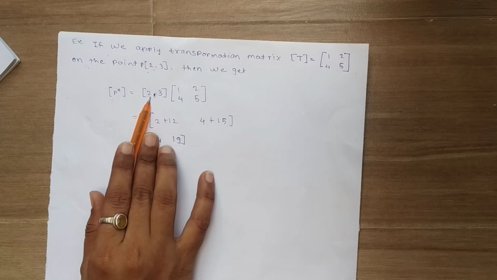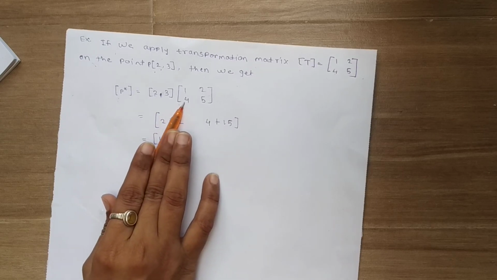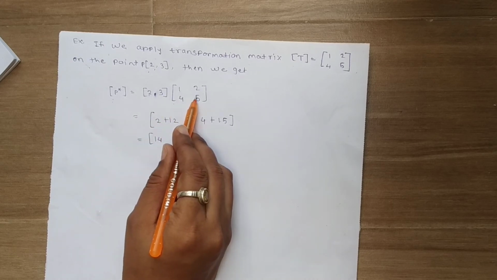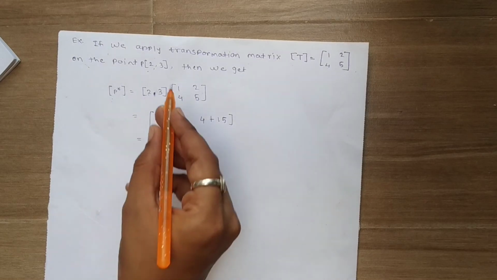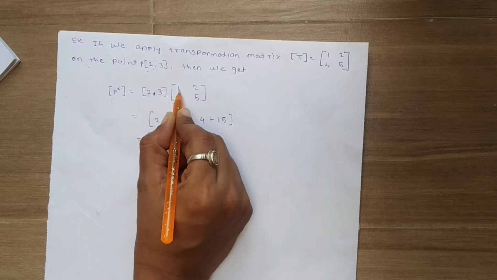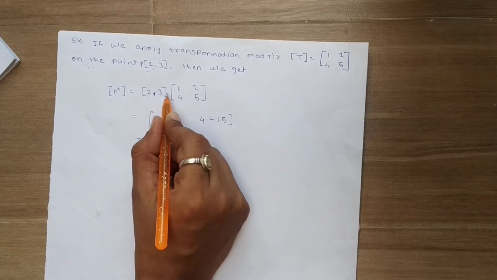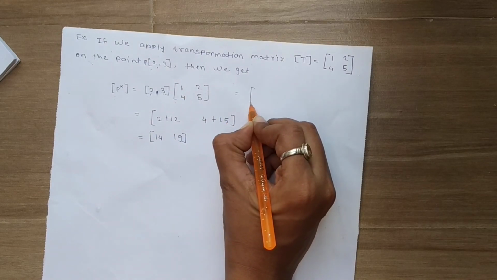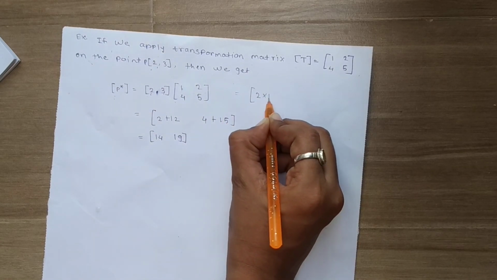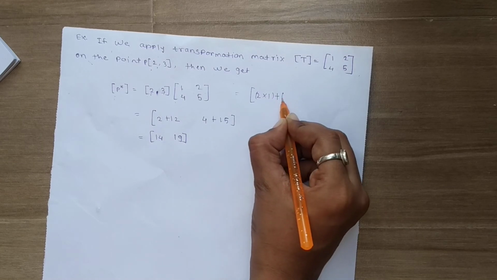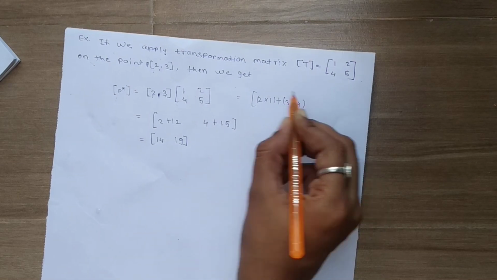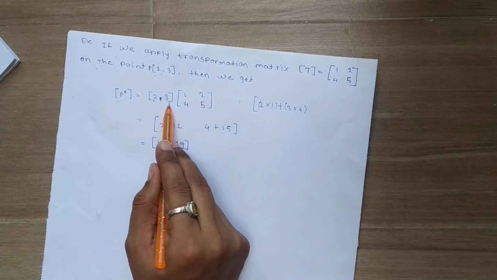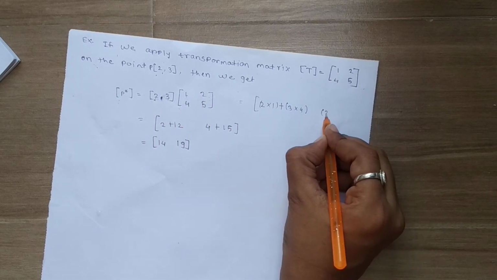We take the multiplication of these two matrices: 2 into 1 plus 3 into 4, and 2 into 2 plus 3 into 5.